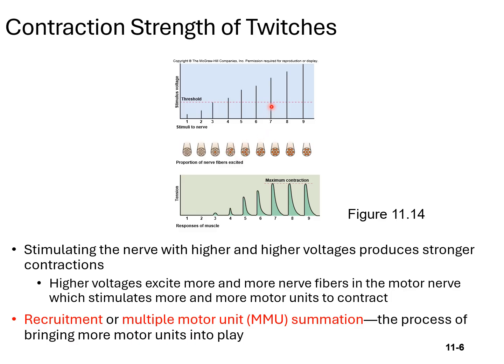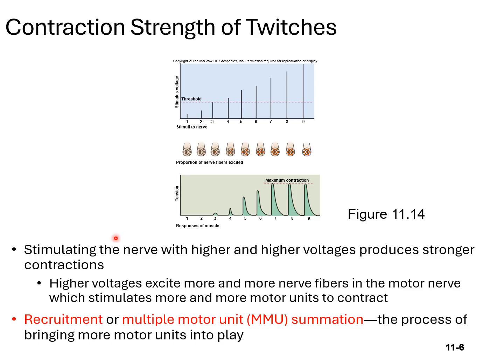But after a while, even if you have a very, very strong stimulus, the muscle contraction remains about the same, because once you stimulate all the muscle fibers, there's no more muscle fibers to contract, so there's no way you can get a stronger contraction. You might want to lift the car off of your child, but because you don't have any muscle fibers available, you're not going to be able to move that car or that bus. All the muscle fibers are activated, and that's what determines how strong that muscle contraction is.